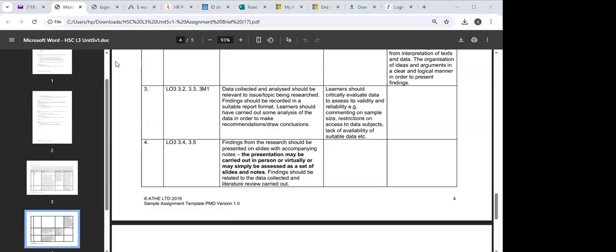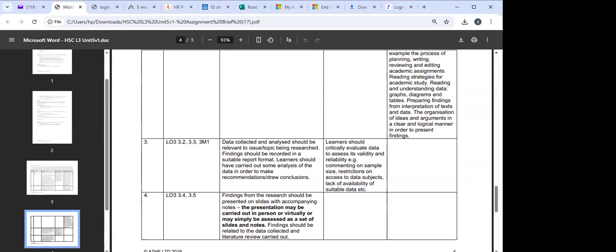So today we will look at LO3, which presupposes that we'll be looking at lectures relative to data collection and to analyze those relevant issues and topics within the legal framework when it comes to research work. The findings for which will be recorded in a suitable report format. This is what we call methodology in research work.